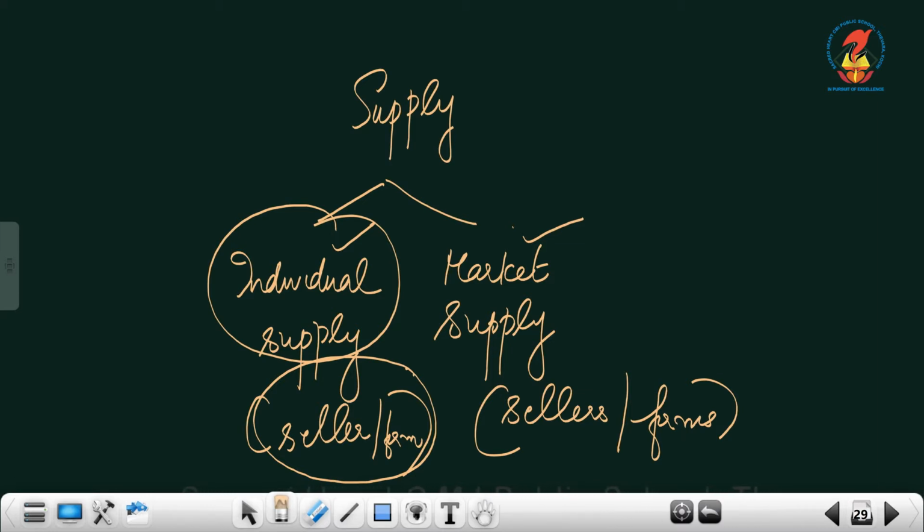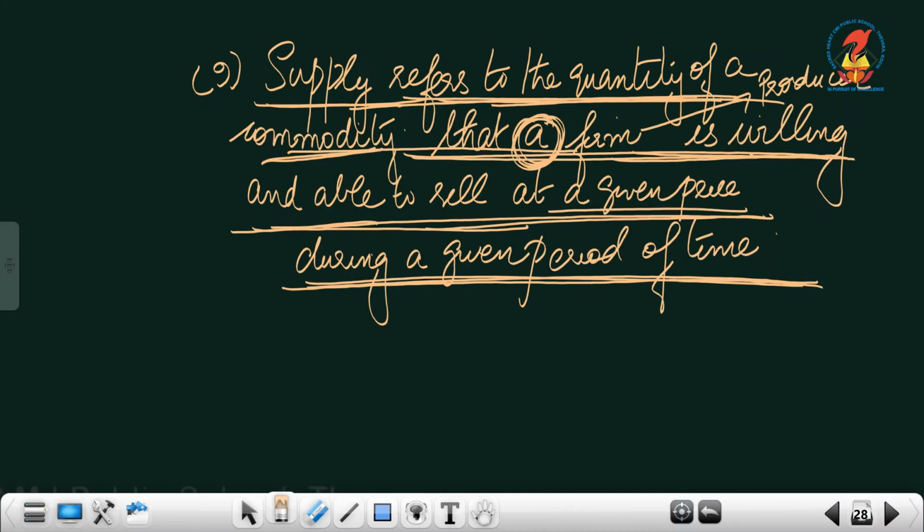Now, how will you define market supply? When you write about market supply, you have to use the term sellers or firms or producers. From this definition itself, we can write the definition for market supply. Instead of individual, you can make it market.